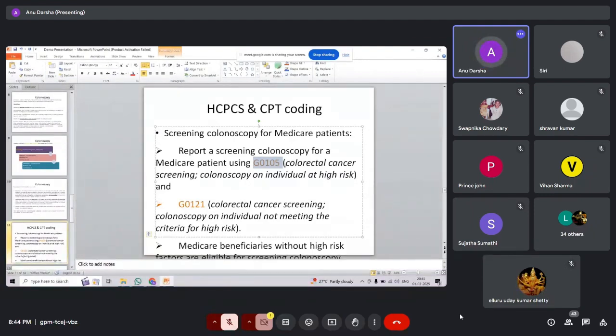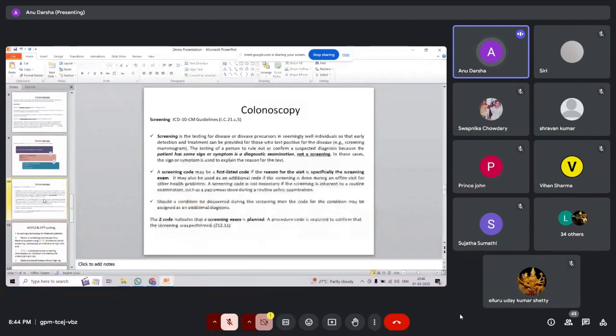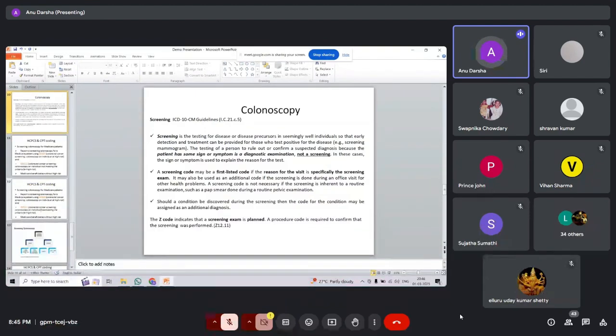G0105 is for colonoscopy on individuals at high risk. If the patient is not high risk, then you have to go with G0121. Now the question is how we understand whether the patient is at high risk or not. This is understood by reading the patient's history.